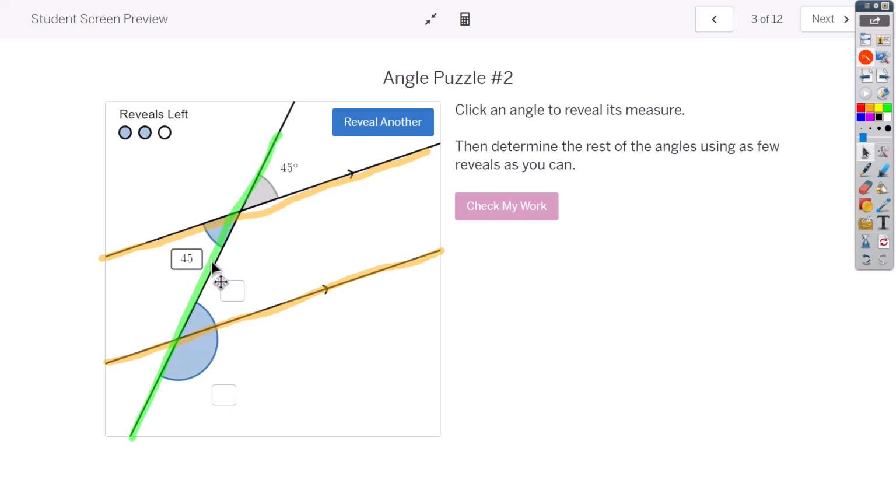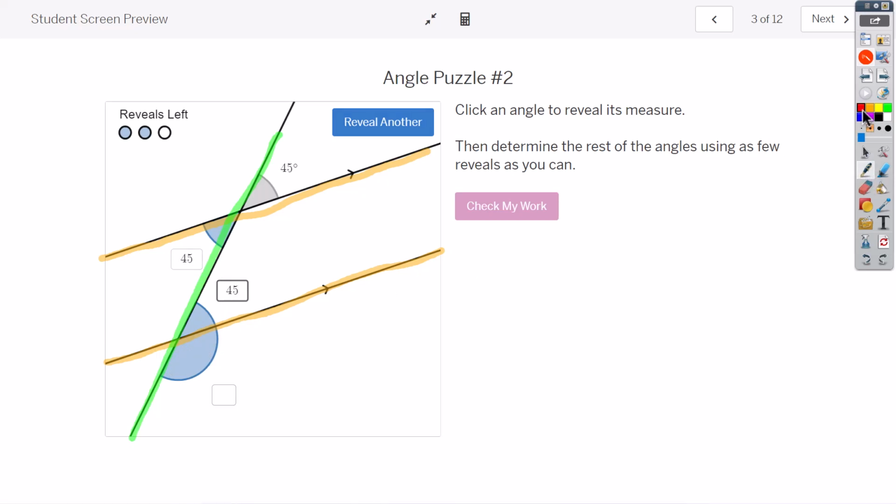Maybe you'll remember from one of our lessons, we could take an angle. Well, you know what? We'll go back to our original angle. And imagine that we're translating it right down this green transversal line. And it would land right here. So I bet that this angle that's on the other parallel line on the bottom is also 45 degrees.